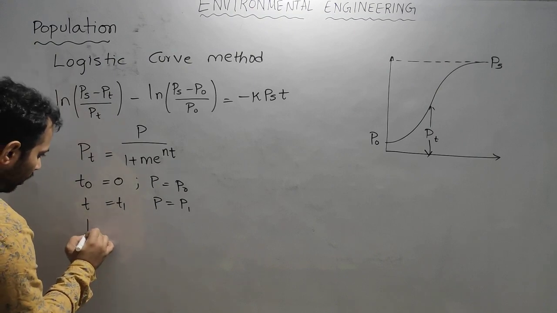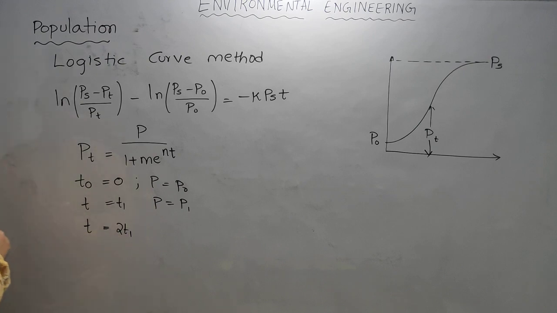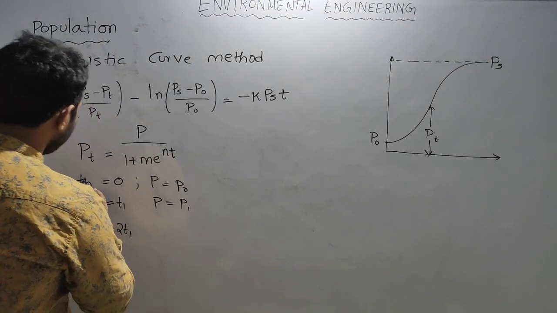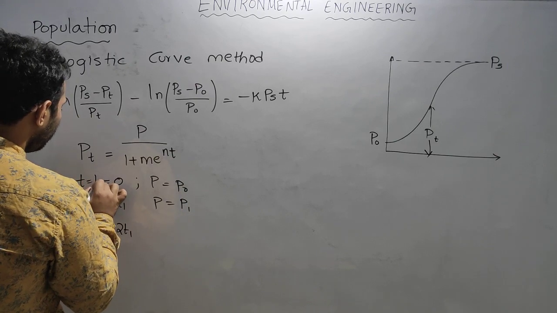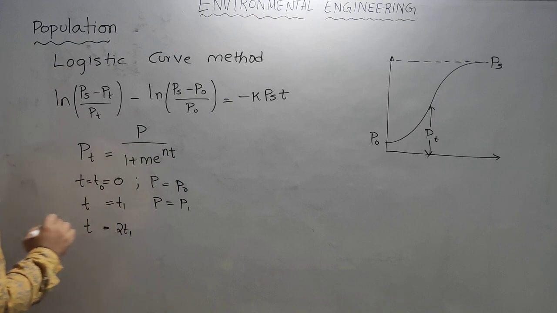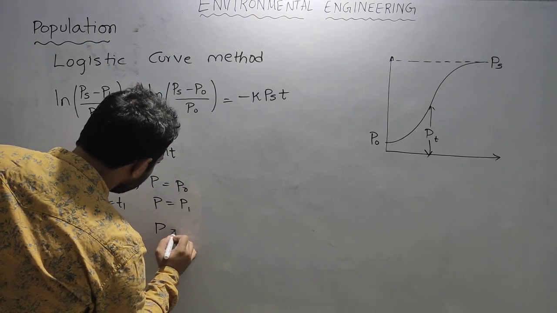Now at T equal to 2T1, let the population be P2.